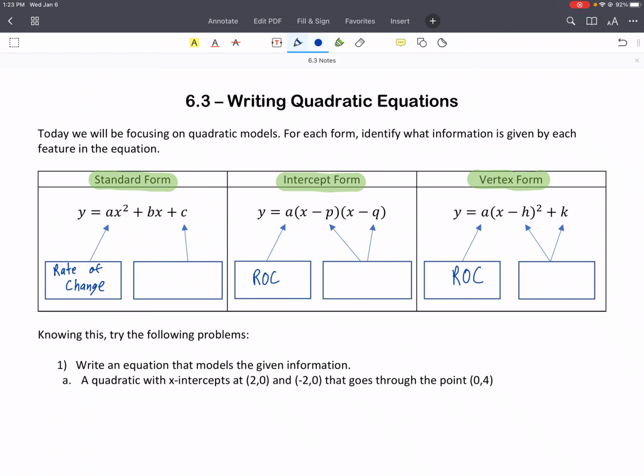The standard form, the C was our y-intercept. Intercept form, the P and Q, as in the name of intercept form, are our x-intercepts.